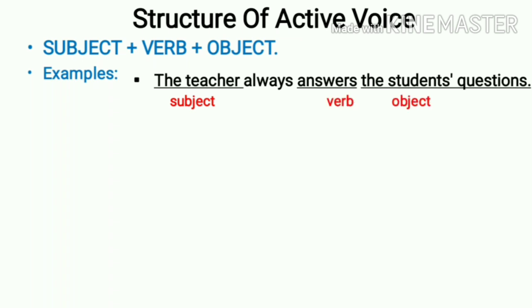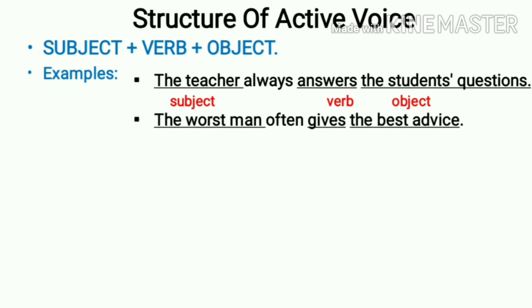In this statement, the teacher is subject, answers is verb, and the students' questions, that is object. How to identify object? Ask the question to the verb by what. You will get the answer, that is object. The teacher always answers what? The students' questions, that is the answer.